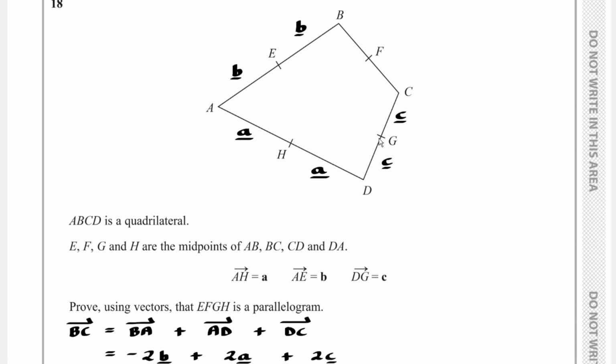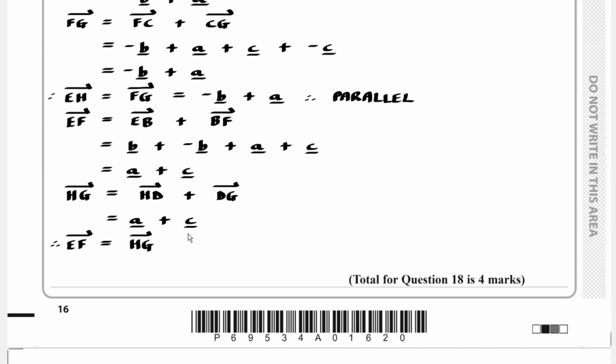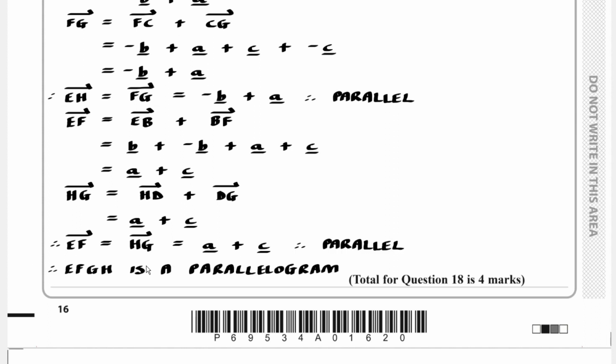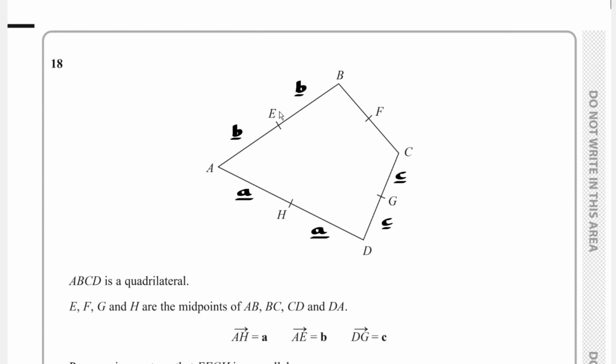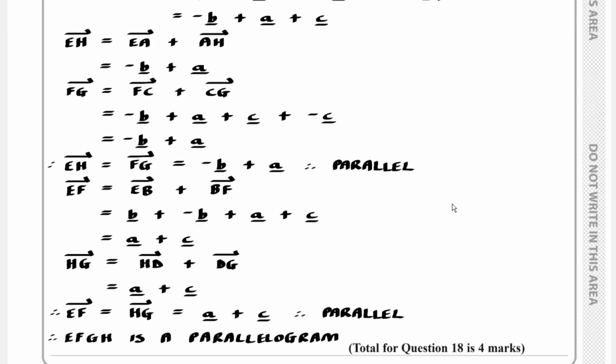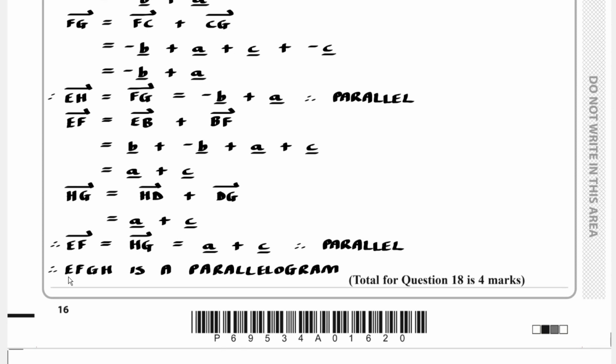So H to D and then D to G. So that's equal to A plus C. And what we can see here then is EF is equal to HG, which is equal to A plus C. So those two vectors are parallel. And because we've got two parallel lines, EH is parallel to FG and EF is parallel to HG, we can conclude EFGH is a parallelogram.